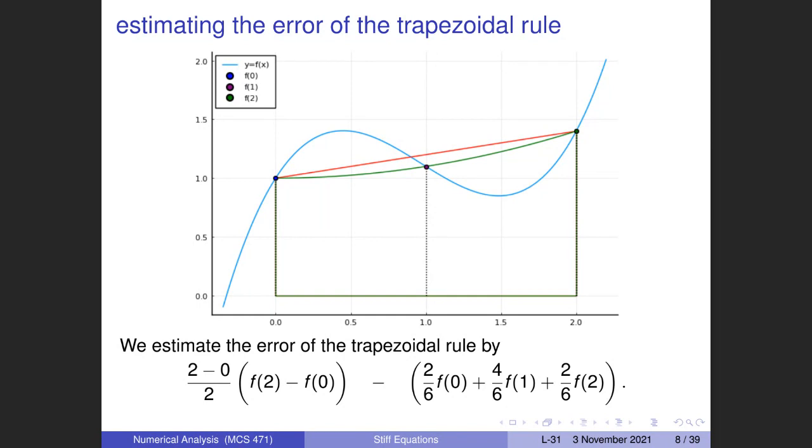So we've seen the composite trapezoidal rule. One can also make a hybrid of trapezoidal and Simpson by just taking one extra function evaluation in places where it matters.